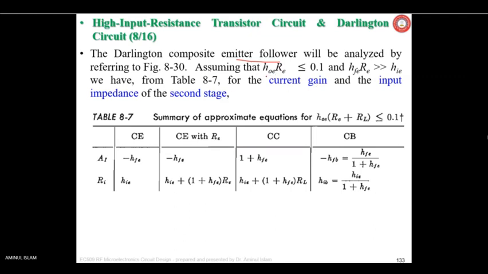Assuming that HOE RE is less than or equal to 0.1 and HFE RE is much greater than HIE, we have from this table, to note something, the current gain and input impedance of the second stage. What is the second stage? The second stage is an emitter follower.